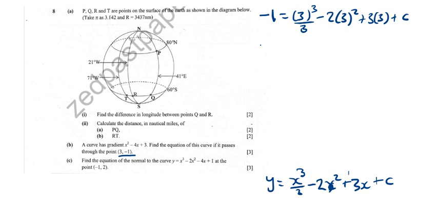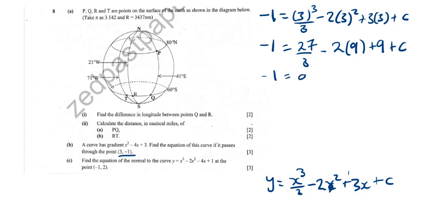So you say negative 1 is equals to 3 to the power 3, which is 27 over 3, minus 2 open bracket 9, 3 to the power 2 is 9, plus 3 times 3, 9 as well, plus c. So negative 1 is equals to 27 over 3, which is 9, negative 2 times 9 will be negative 18, plus 9 plus c.